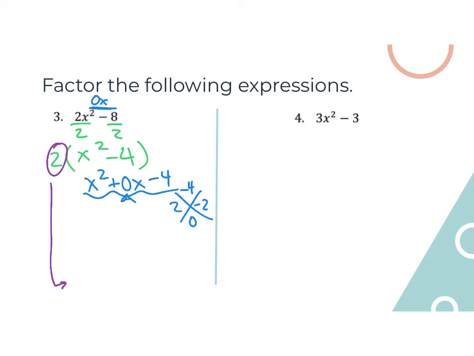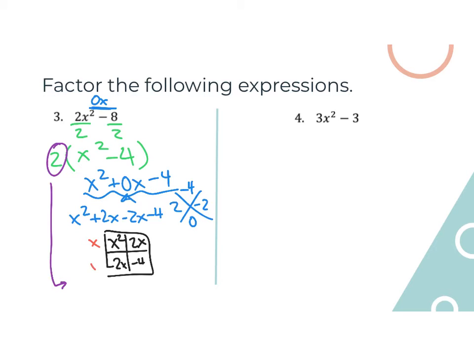So when I split that, it looks like x squared plus 2x minus 2x minus 4. In my box, I'll write small here: x squared, 2x, negative 2x, and negative 4. For x squared and 2x, I get a common factor of x.